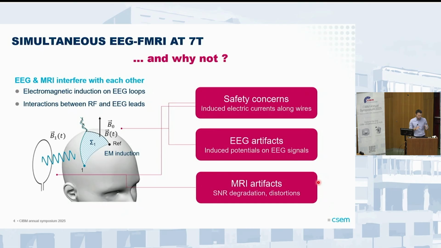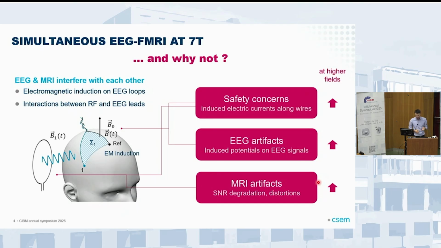So the fields, the B0 field and the B1 that MRI uses, create perturbations and artifacts on the EEG, and vice versa, the presence of the conductive wires of EEG in there disrupt to some extent the fields, especially the B1 field that is used by MRI. So you raise questions in terms of safety for the participants and for the equipment, and artifacts on both modalities.